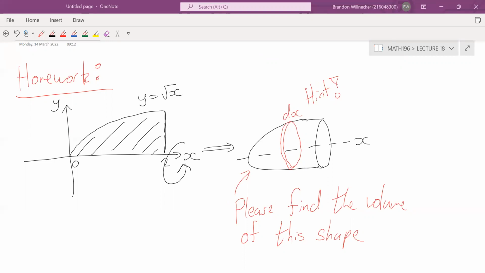Not right now. So there are 3 methods depending on the shape. This is the first one we're going to be using, the method of discs. Then there's washers and shells, but that comes later on with more difficult shapes. But this is the only way to handle these solid shapes. Okay, sir, thank you. Any other questions?